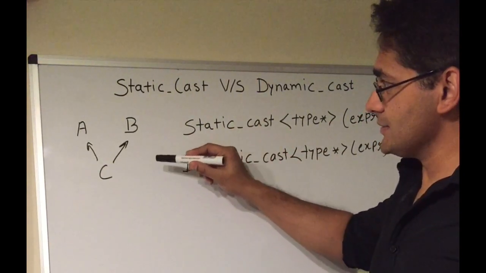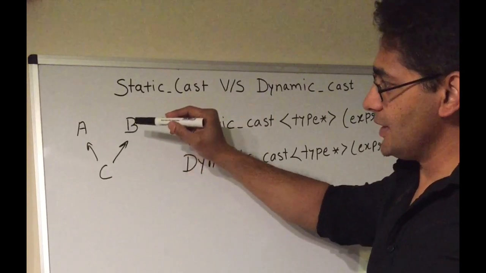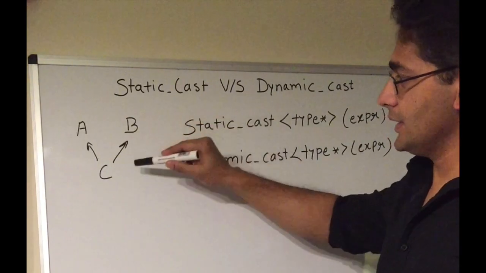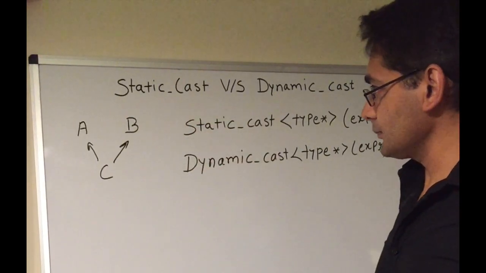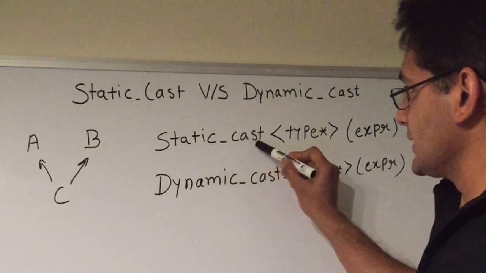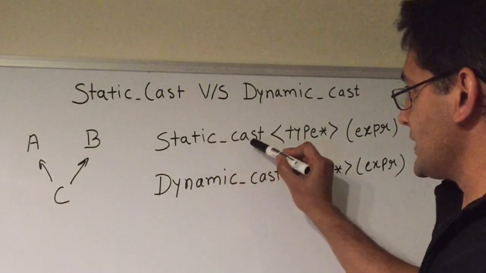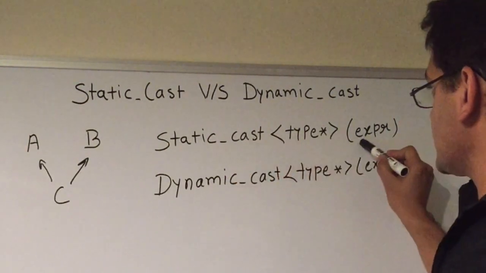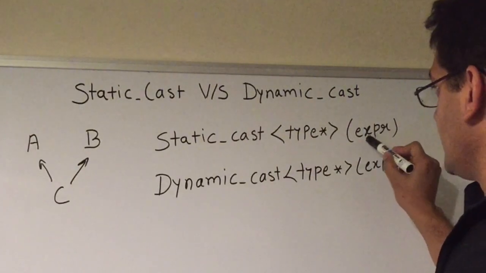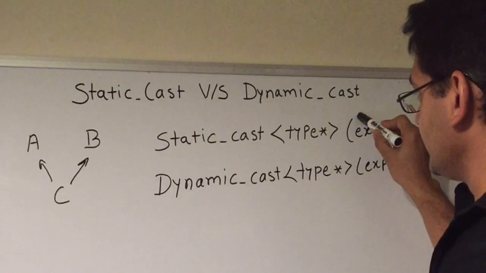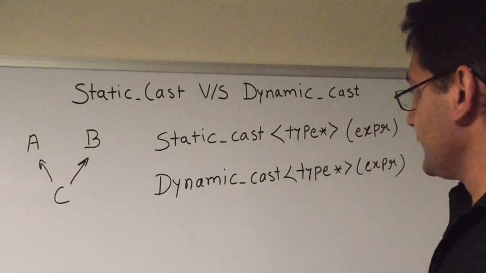Downcasting is an operation where a pointer to a base class or an indirect base class is converted into a derived class pointer. The syntax for static cast and dynamic cast is the same, but the result of static cast is that the expression is converted into a pointer to a specified type, converting a static type pointer into another type of pointer.